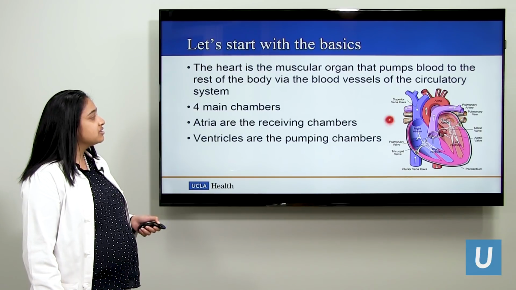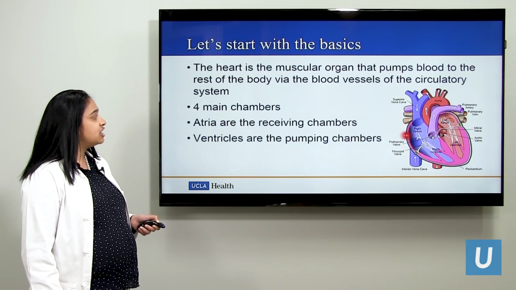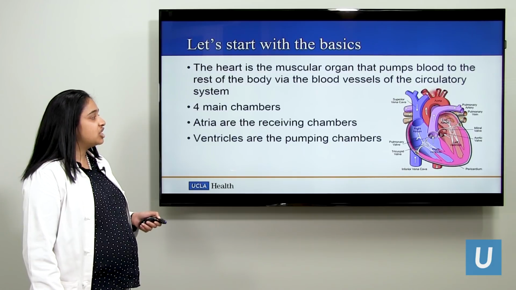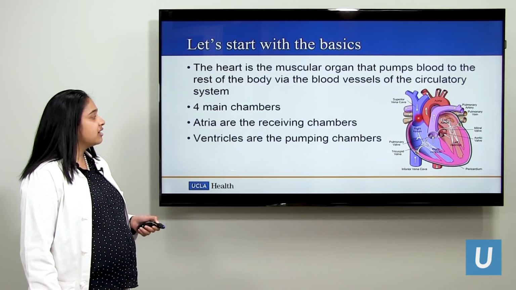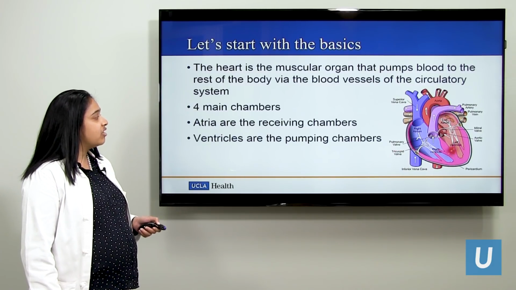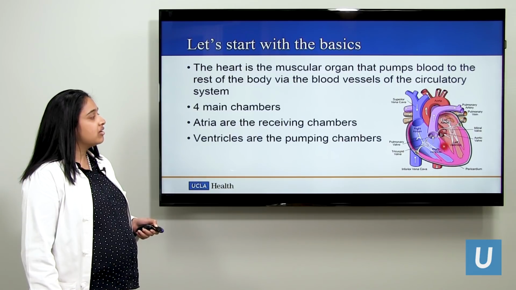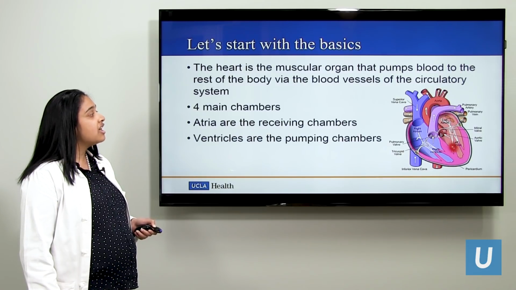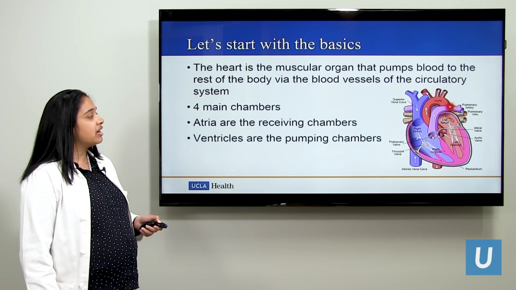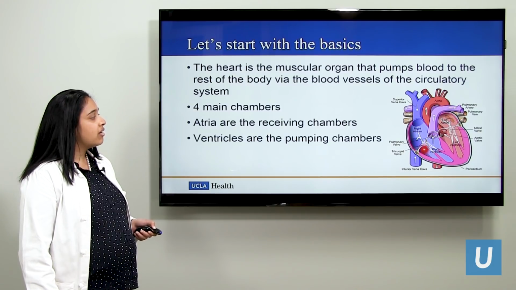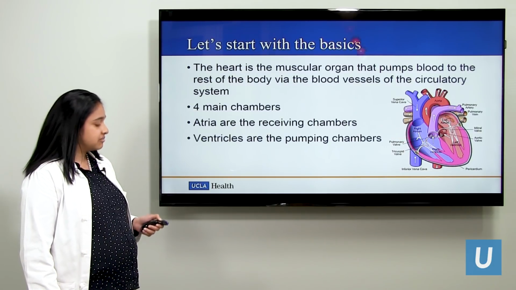There's two chambers on the top, and they're called atria. They're the receiving chambers that receive the blood. There's two chambers on the bottom, which are called the ventricles, and they're the pumping chambers. And the left ventricle is the ventricle that pumps the blood to the rest of the body via the aorta, while the right ventricle pumps the blood to the lungs.